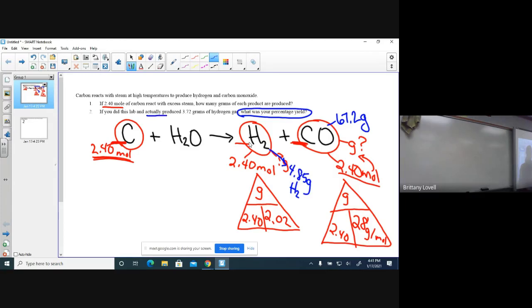It says we actually produced 3.72 grams of hydrogen gas, right? Okay, so we're looking to find out our percentage yield, which, remember, is just actual yield over our theoretical.